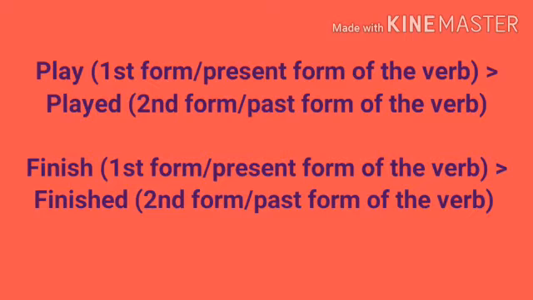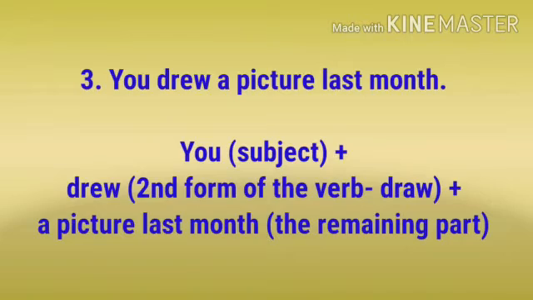After adding ed, it has become finished, which is the second form or the past form of the verb finish. So it is clearly understood that the verbs which have d or ed at the end in the past forms are called regular verbs. Clear?